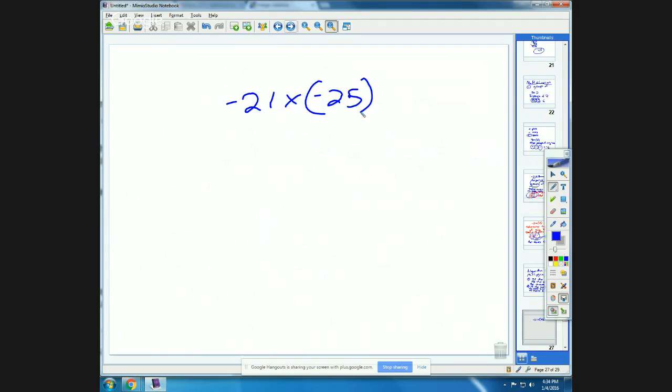So I know the answer is positive, and now I just multiply 21 and 25 with my favorite other whole number algorithm, whether that's lattice or the Russian algorithm. So not much of a big deal.